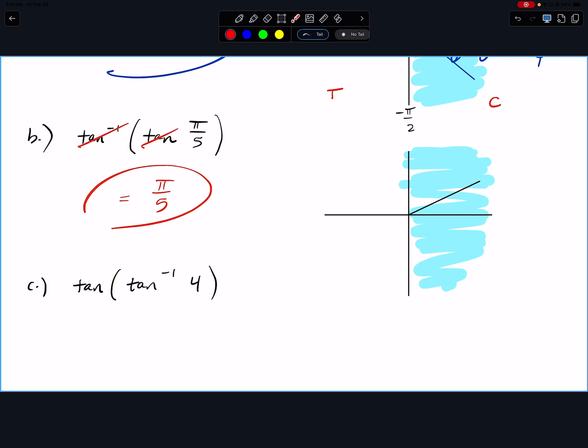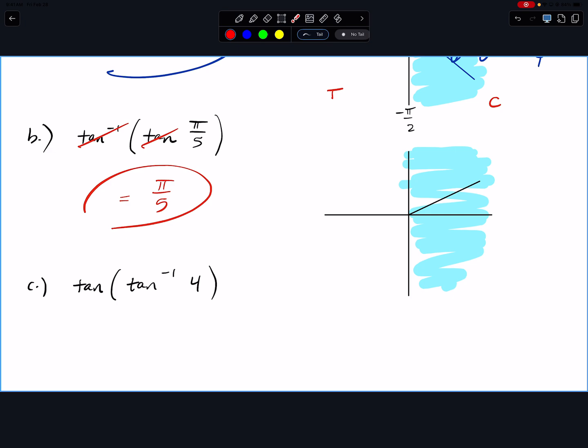So we have to think about what's the domain of tangent inverse to do these problems. The domain of tangent inverse is the same thing as the range of tangent, because for inverses, domain and range switch.